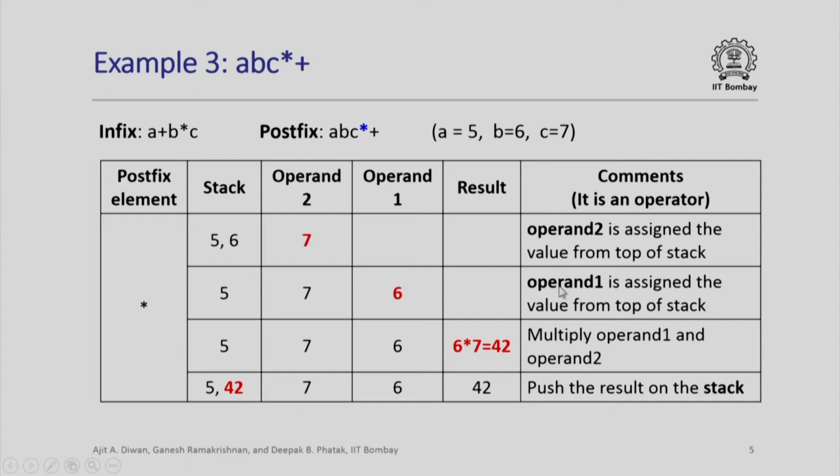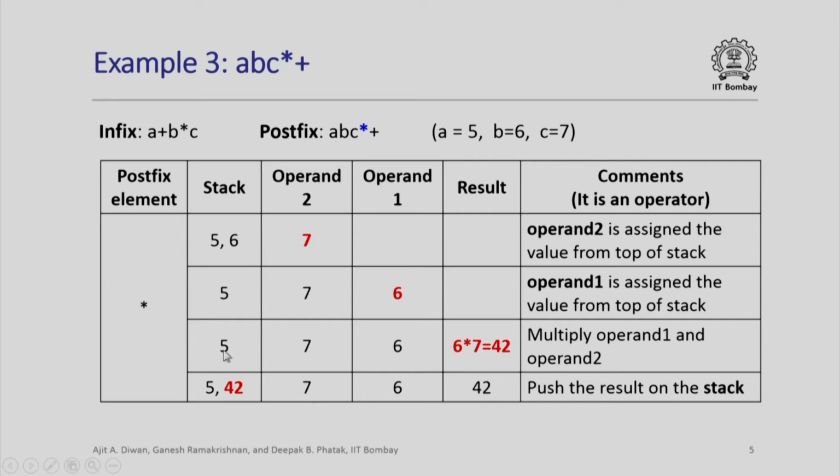So, operand 2 and operand 1 are assigned the values of the 2 top operands that are available on the stack. Once this is done, we calculate the value 6 multiplied by 7. That means the multiply operation is now carried out, giving us the result 42. This result is to be pushed on stack.